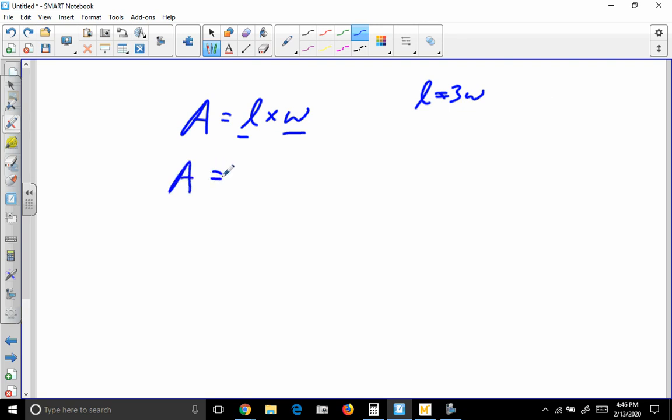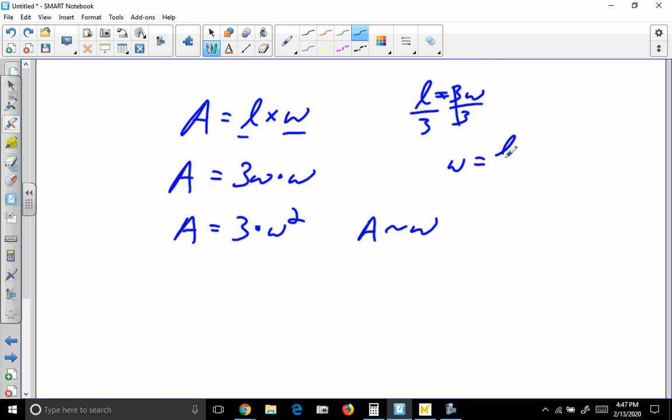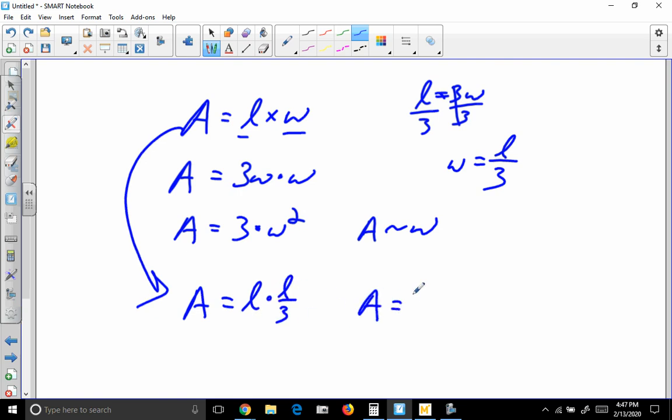So we could replace length with 3w. So this would give us an equation that relates area to width. Or if we wanted area related to length, we could get rid of w. So if we solve for w, w is L over 3. So instead of replacing L, we can replace w with L over 3. So area is 1/3 L squared.